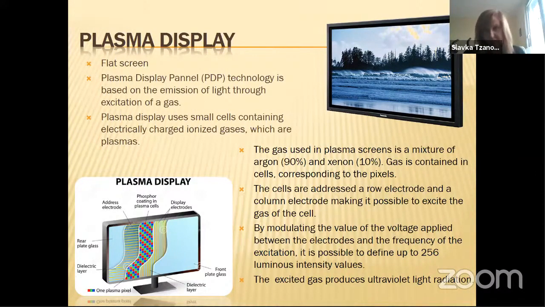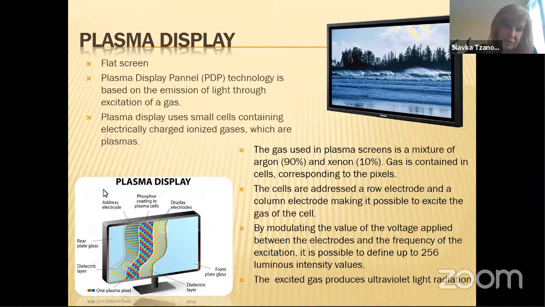It should be excited until the plasma state. The screens used small cells containing electrically charged ionized gases, which are plasmas. You can see some, okay, they were thinner, not like nowadays screens, but still thinner.